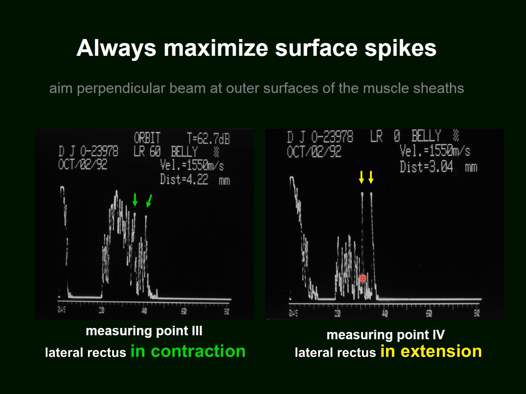This is measuring point 5. Why is that? Because here the surface was more convex with a smaller radius. Here the surface in extension was flattened out, and we were dealing with a less convex surface with a larger radius at least.